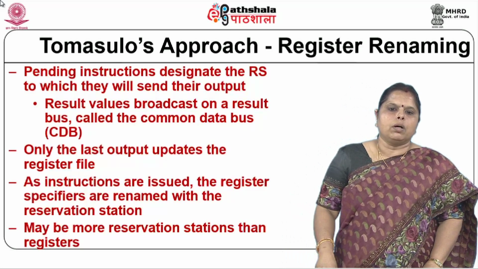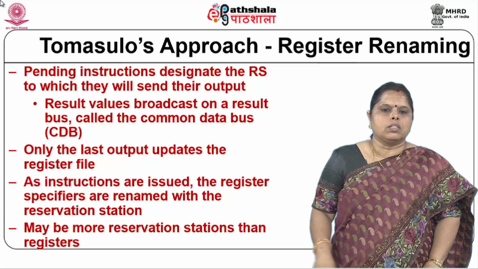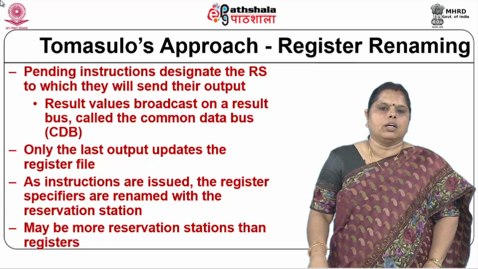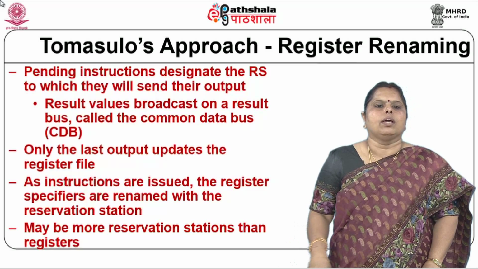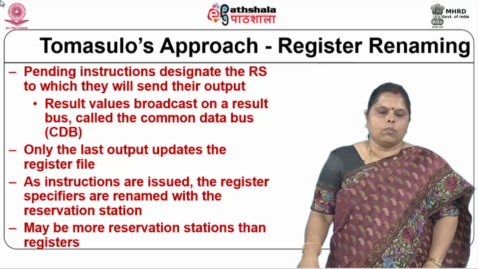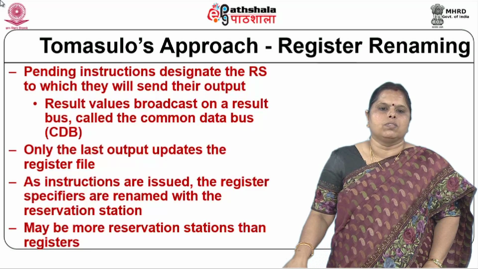This common data bus updates the register file. It also updates all the reservation stations. So, any reservation station waiting for this data that arrives on the CDB will grab that data. The CDB transmits the data in a form where it gives the reservation station tag and it also gives the data.